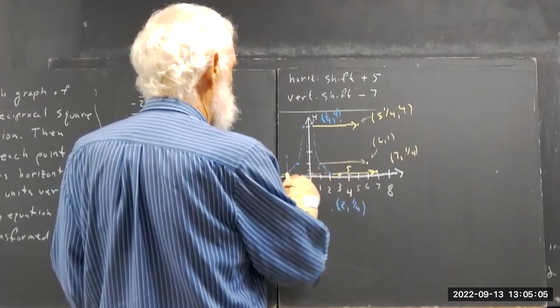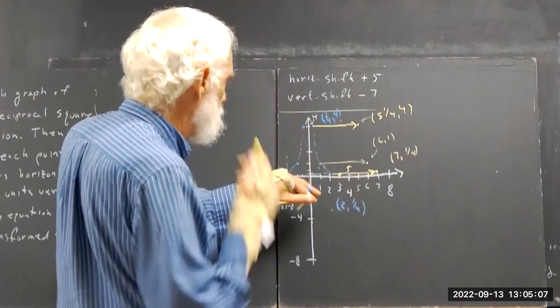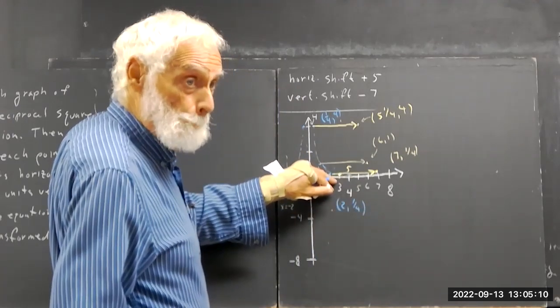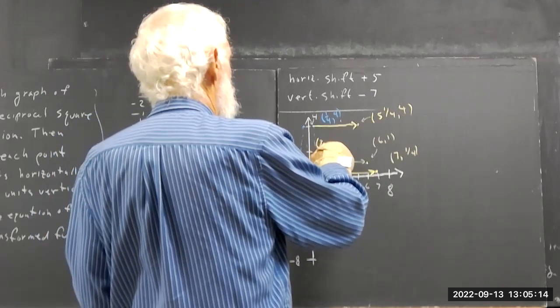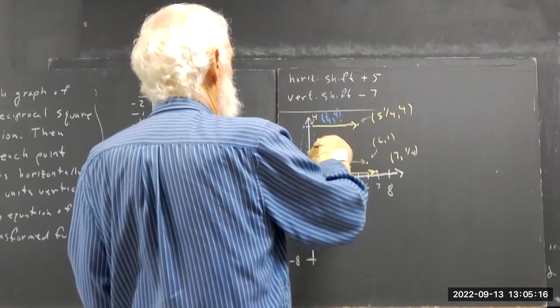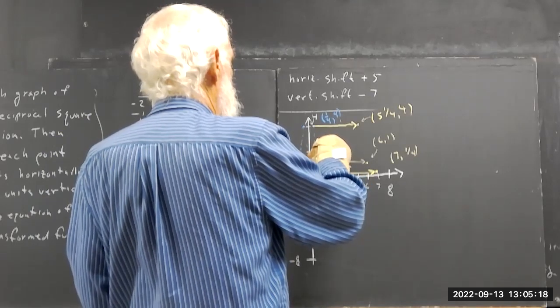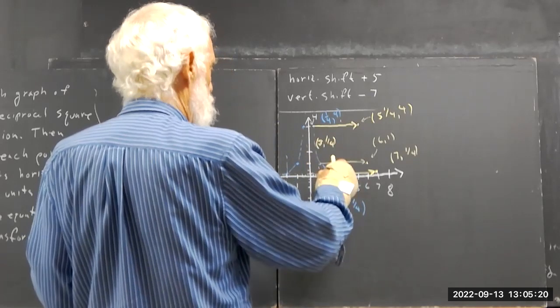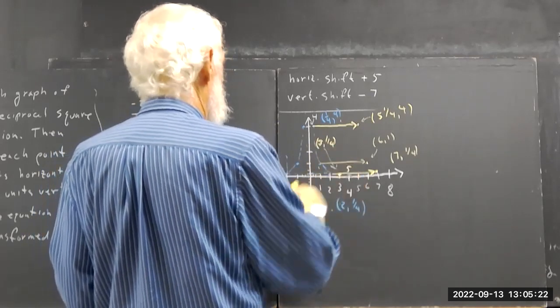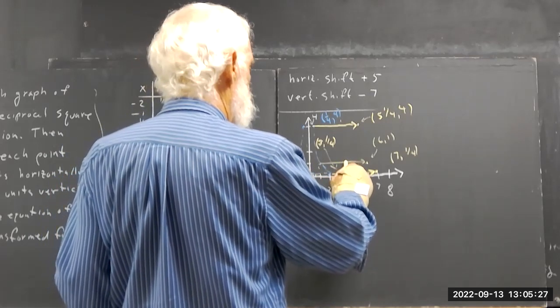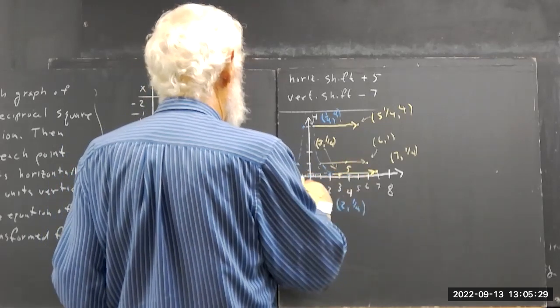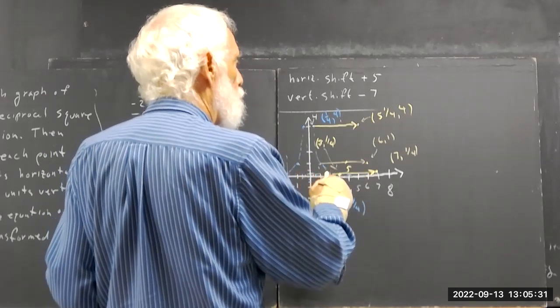I move 5 units from here to here. It gives me the point 3 1/4, right? So I can label that point. There's 3 1/4 here. And then -1 1 is going to go to 4 1. And -1/2 4.